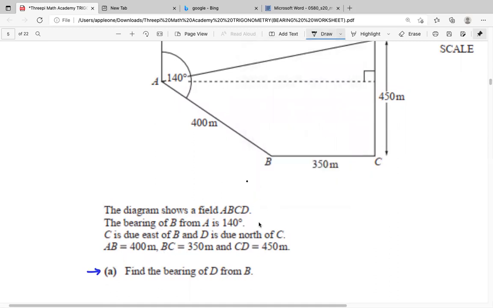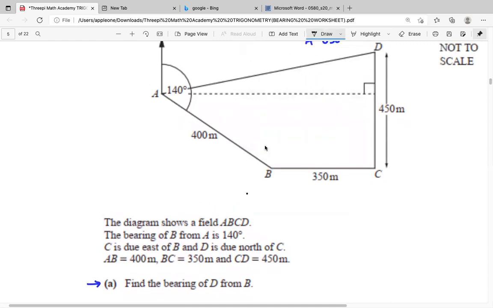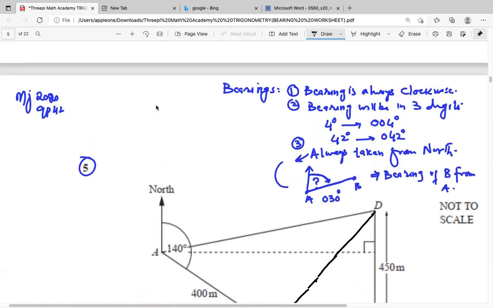So first we have to join B and D. Now, look at these 3 main points: bearing is always clockwise, bearing will be in 3 digits, and always taken from north.